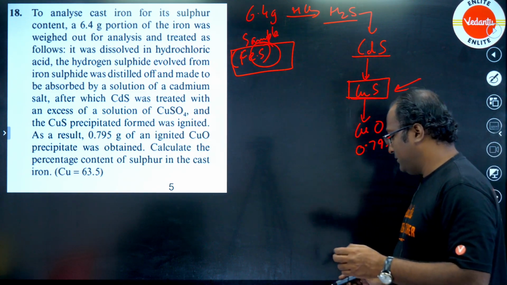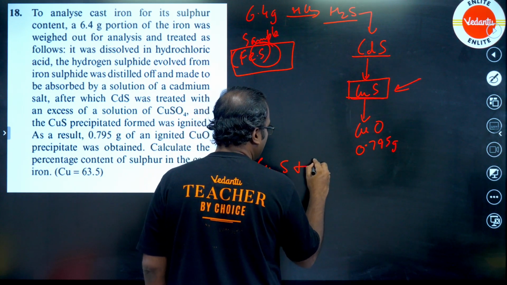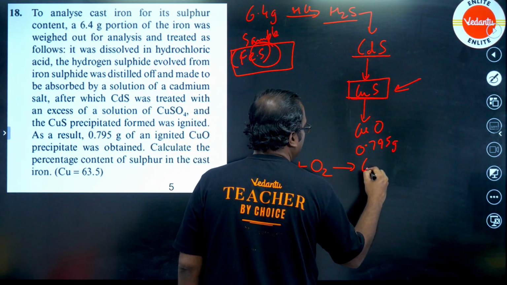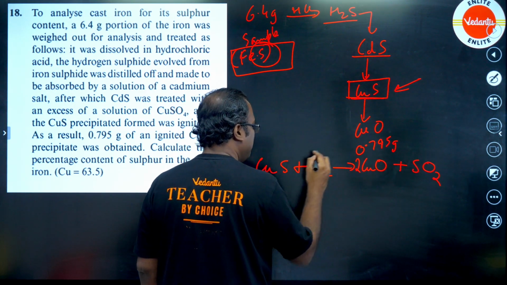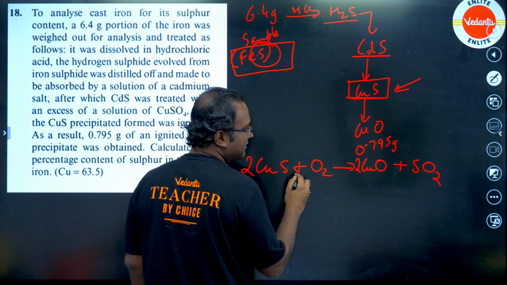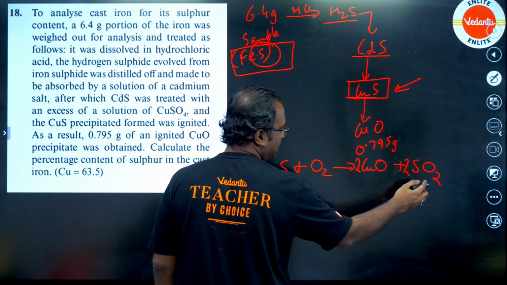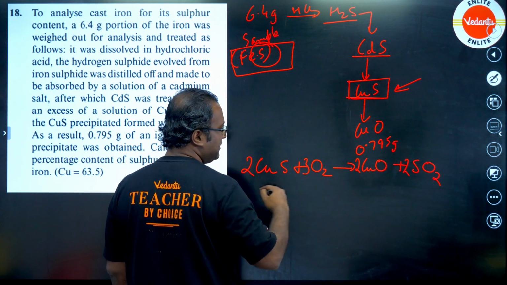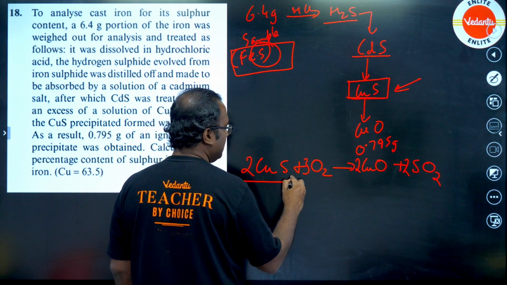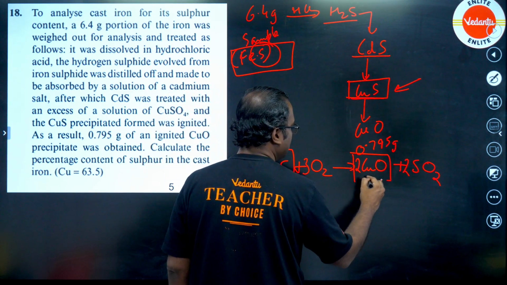Let's see how we will do it. The last reaction we'll have to solve: CuS plus O2 gives CuO plus SO2. To simplify calculations, let's multiply this with 2, so you have a 2 here, then 4, 5, 6, so that's a 3 here. From this logic we understand moles of CuS equal moles of CuO.